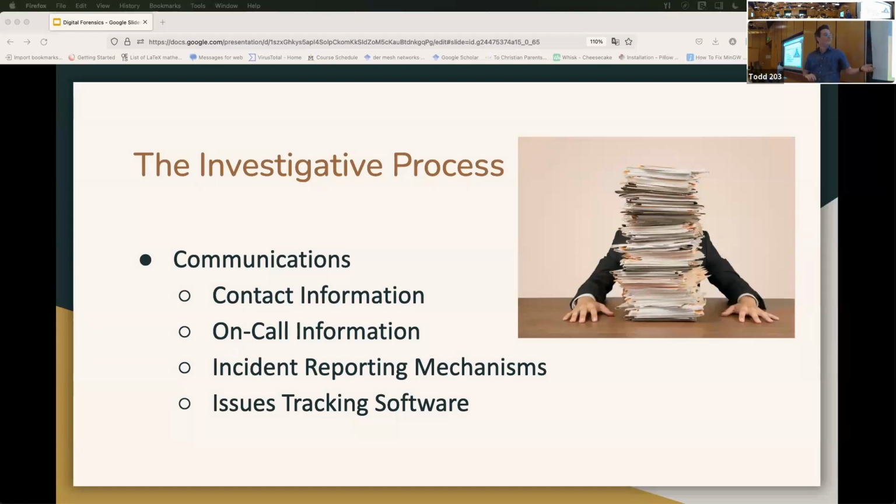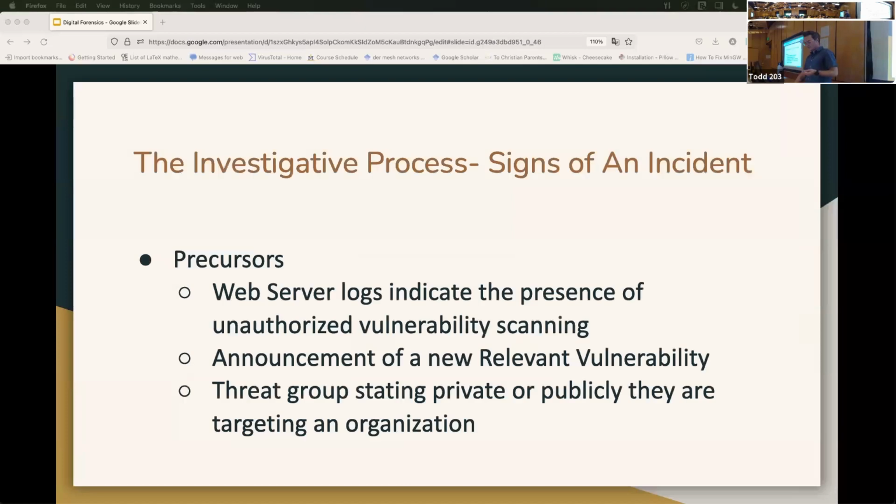If it's from a company, we need to figure out who the stakeholders are, the shareholders, right? Who do we contact if we have more questions about the data that we have been given? We need to set up our incident reporting mechanisms for the thing we've been hired to look into. Issues tracking software if we run into any problems while we're conducting our investigation.